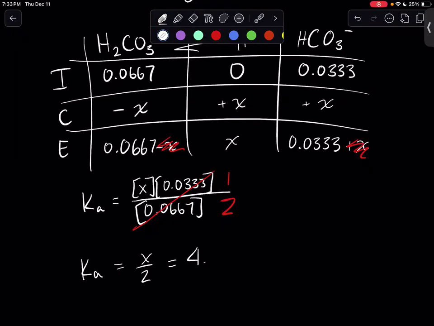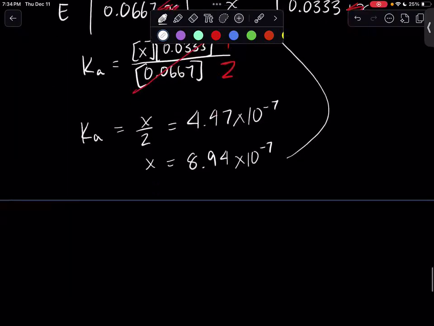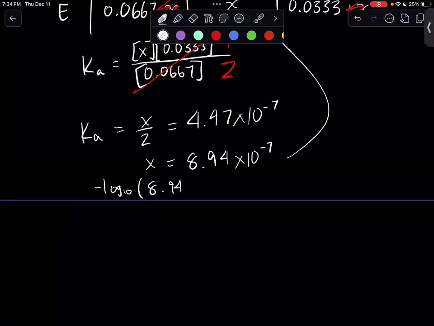And our Ka is 4.47 times 10 to the minus 7, meaning that x is approximately 8.94 times 10 to the minus 7. That x is our concentration of hydrogen. Therefore, we can take the negative log base 10 of 8.94 times 10 to the minus 7 and find a pH that is approximately 6.05.